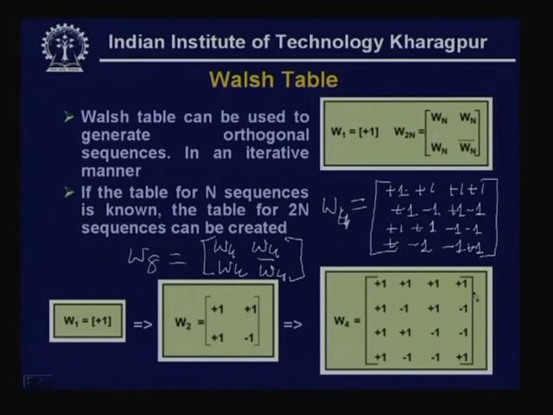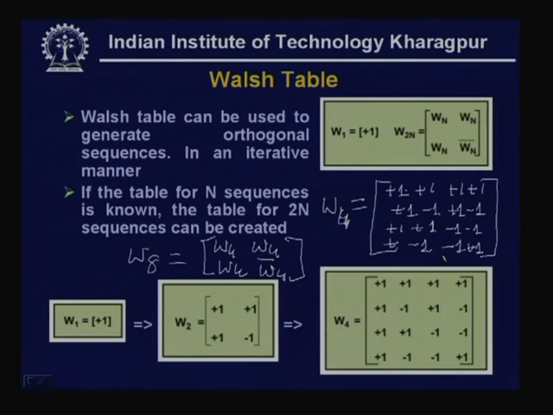So, this can be used for the purpose of CDMA, and also the codes can be generated very easily, and these sequences can be also generated by using that linear feedback shift register, as I have already told. So, we have seen how the chip sequences can be generated in a very convenient manner by using Walsh table.